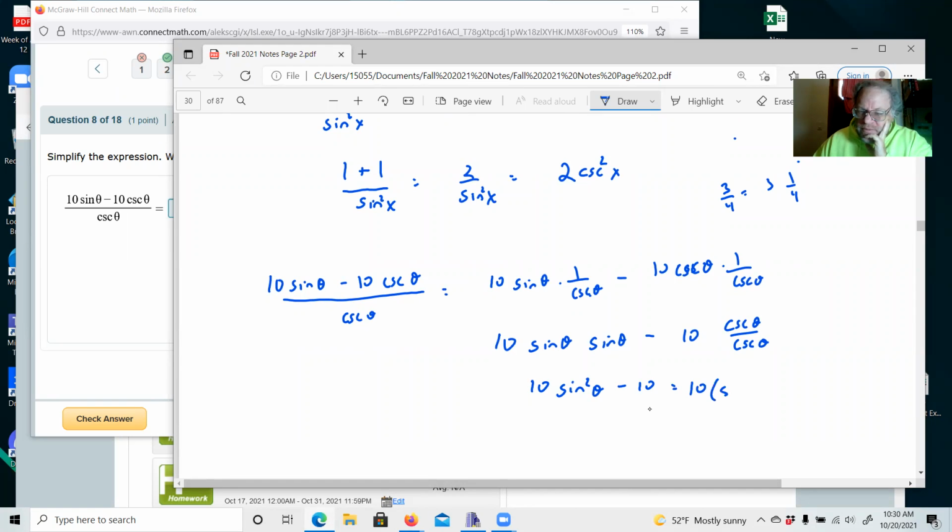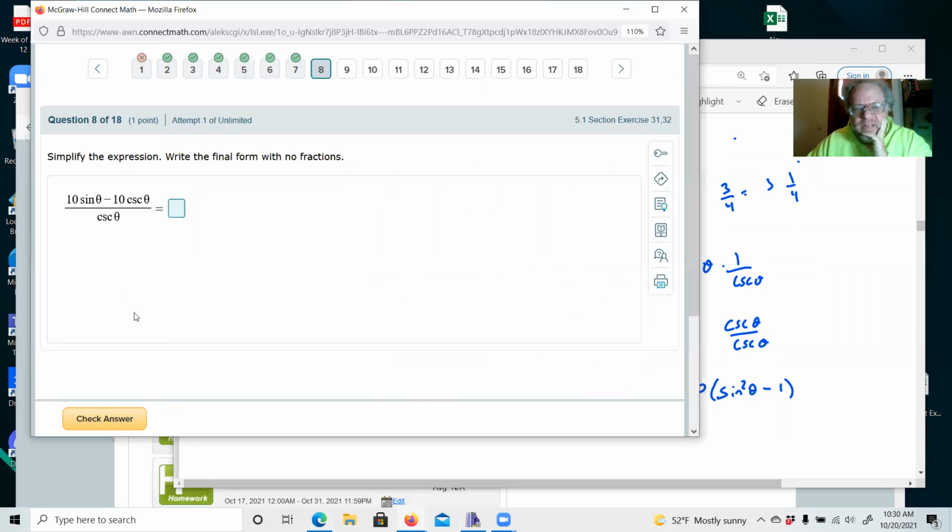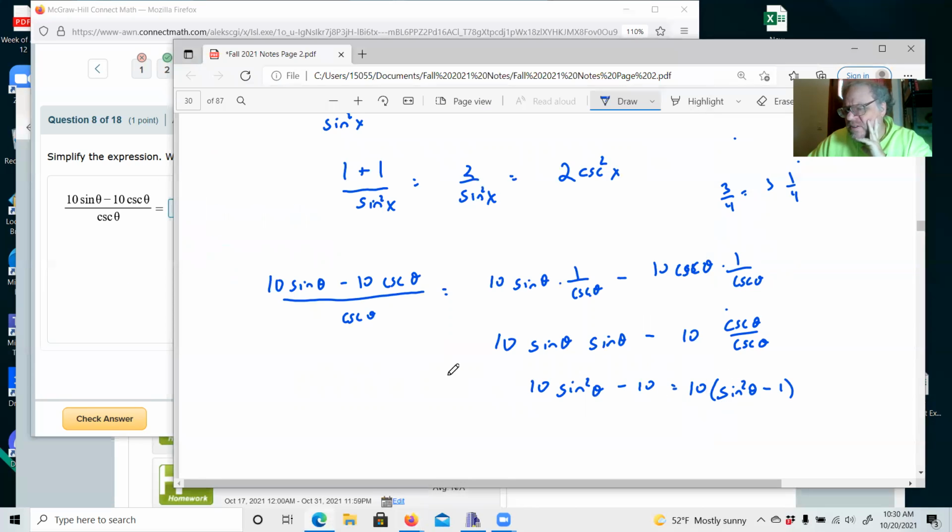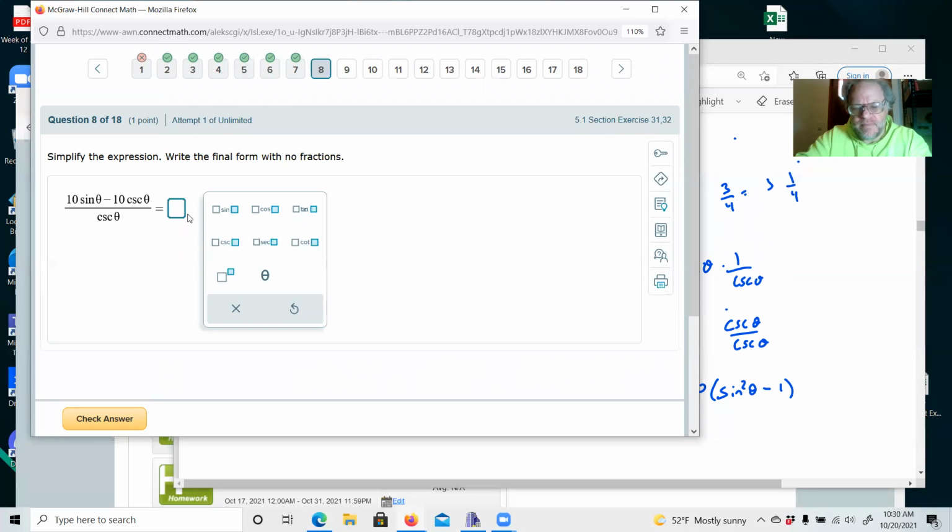Now, I'm not really sure what they want after that. They might want that, they might want this. Notice they've been really picky about what we wanted to do. Final form, no fractions. I'm tempted to want to say this is 10, oh, I'm not tempted because they're not going to let me have parentheses.